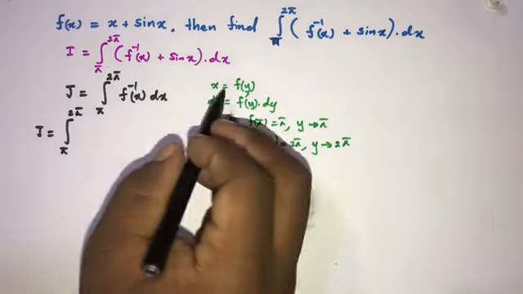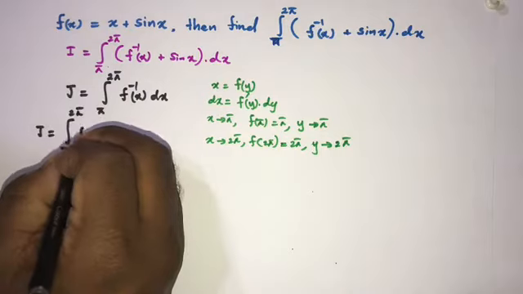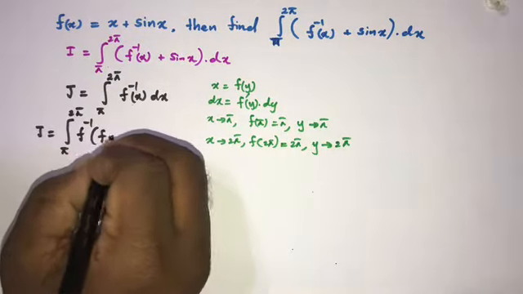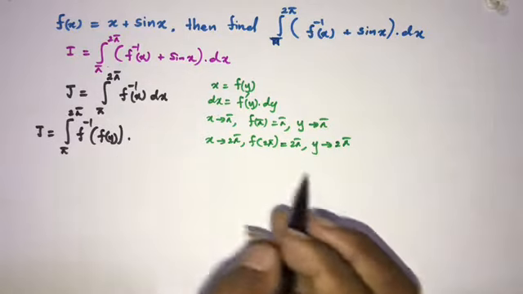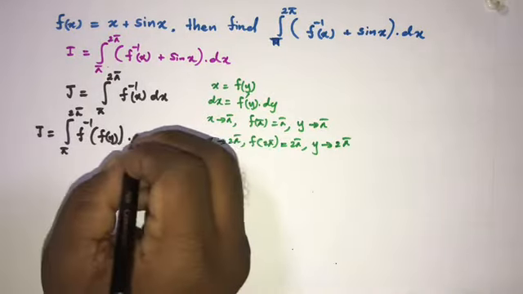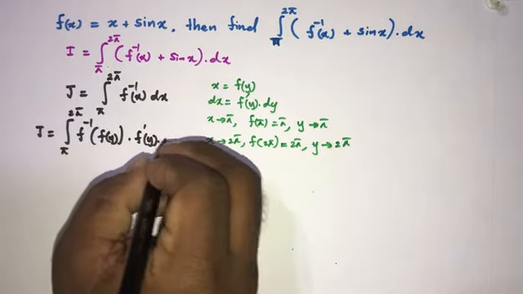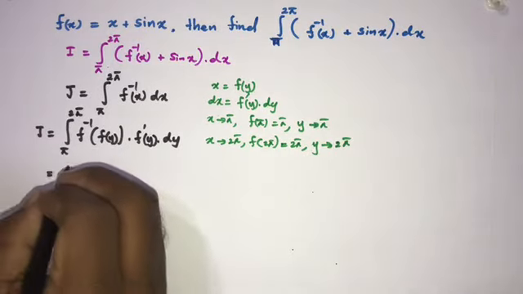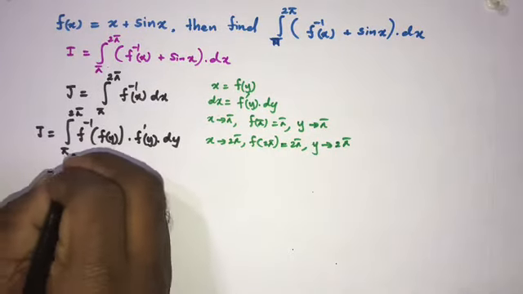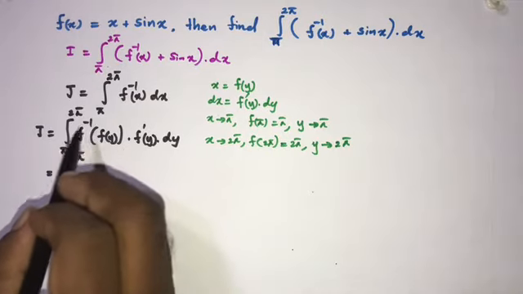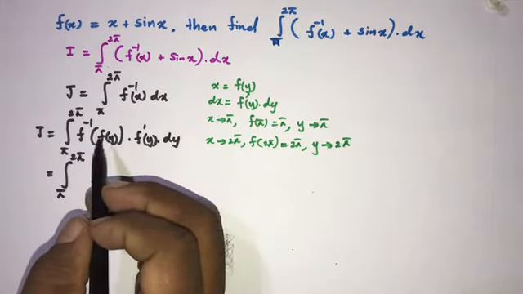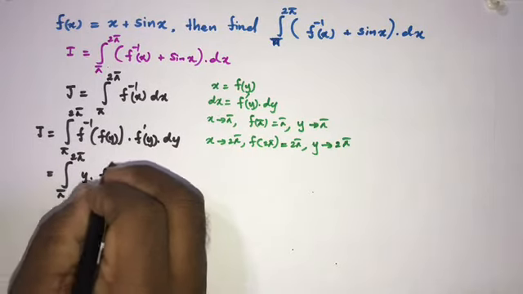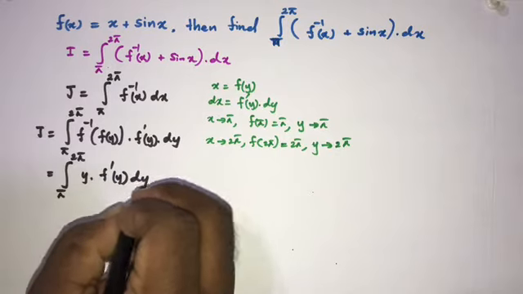Now we know x is equal to f of y, so inverse f of f of y, and dx is equal to f dash of y dy. Now we can simplify: inverse f of f gets cancelled, and here we have y times f dash of y dy.